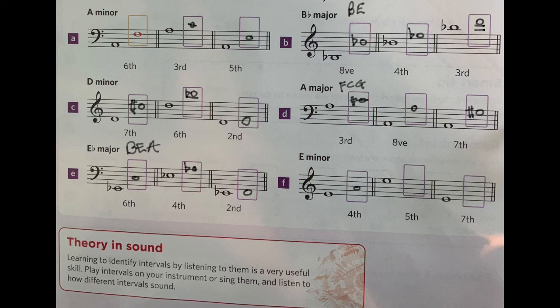From this E to B is going to require no accidentals, but it's going to require a ledger line because they want us to go higher. Okay, so this top line is F, and the first ledger line is A, and so we're going to draw that one ledger line, and then B will be on top of the ledger line.